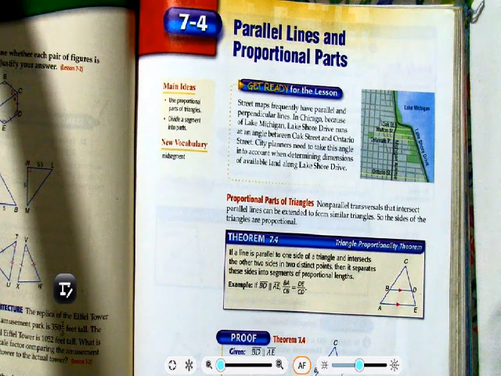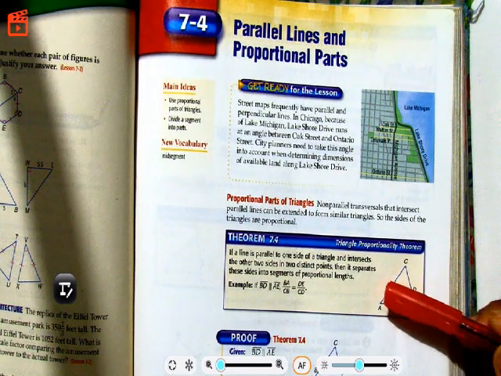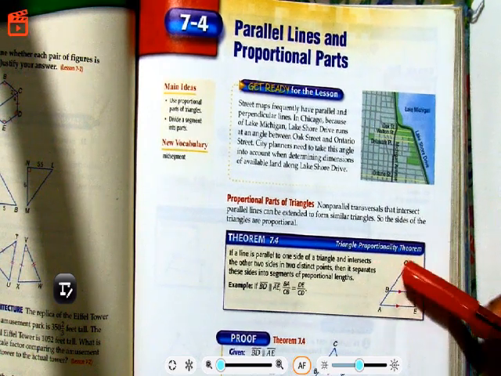If a line is parallel to one side of a triangle and intersects the other two sides in two distinct points, that means there is a line parallel to one side where it intersects two different points on the other sides of the triangle.